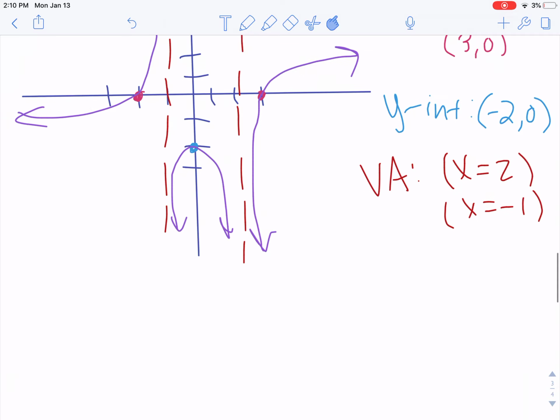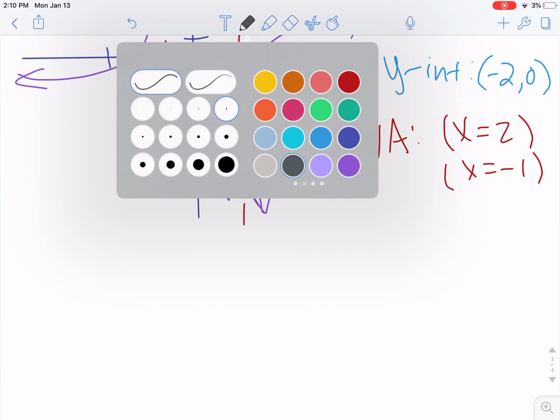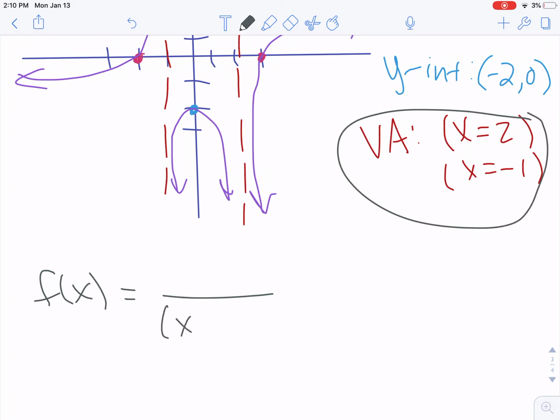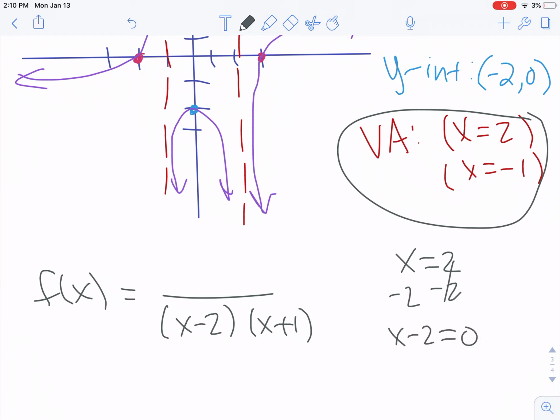Okay, so I've got to write an equation. I know that to write the equation, I have to have f of x equals, and it's going to have a fraction. Because of my vertical asymptotes, my bottom has to be x minus 2 and x plus 1, because I would be setting those and getting them back to 0. So x equals 2, to get it back to 0, I subtract 2 from both sides, and you get x minus 2 equals 0. That's how we're getting those. I do have to worry about multiplicity on those.